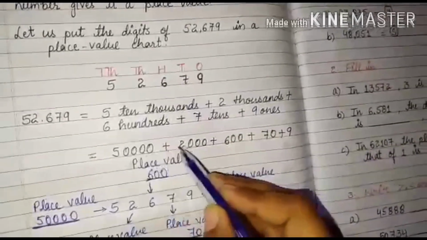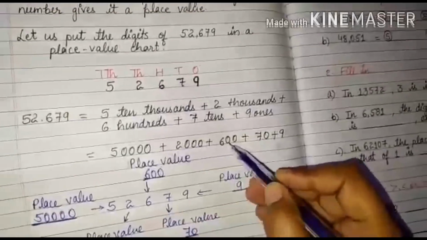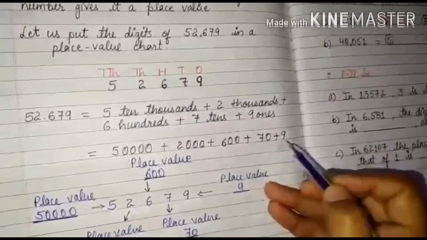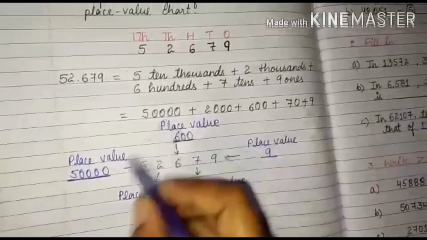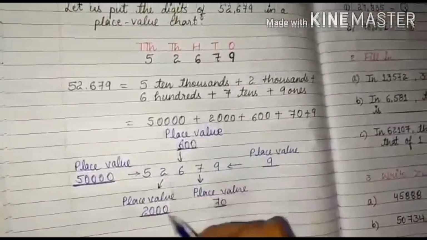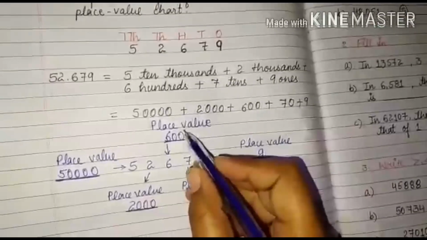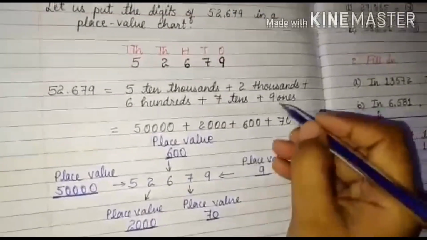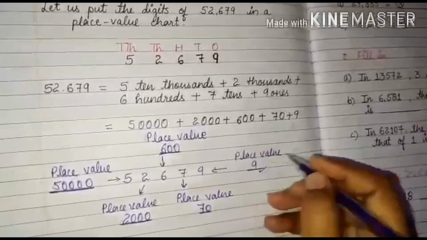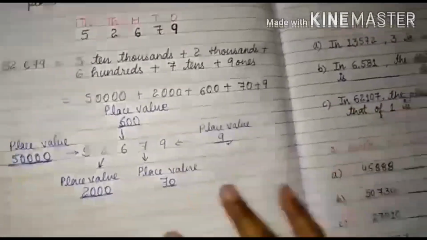So 50,000 plus 2,000, 600, 70 plus 9. So what will be the place value of 5 here? It will be 50,000. For 2 it will be 2,000. For 6 it will be 600 and for 7 it will be 70. For 9 it will be as it is on the ones place. So the place value of 9 remains as 9.